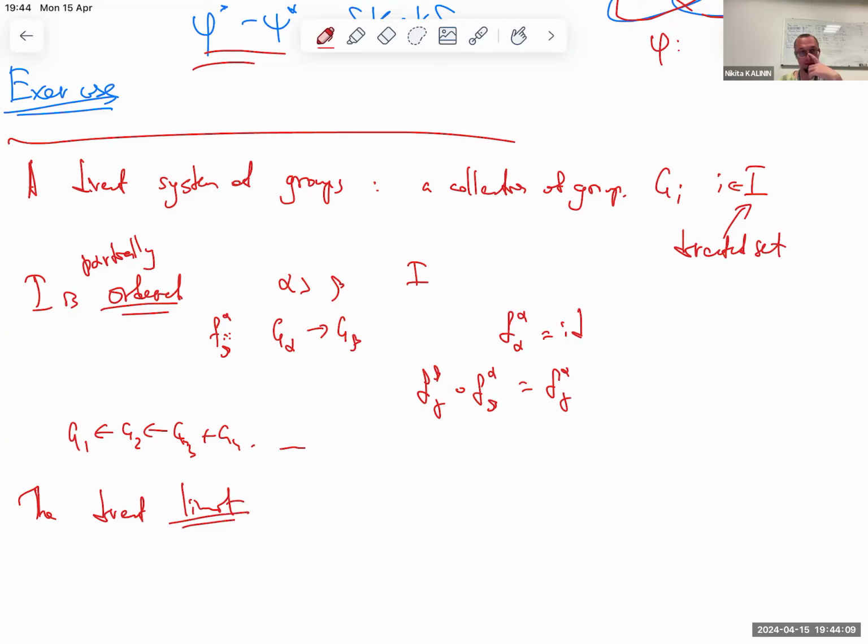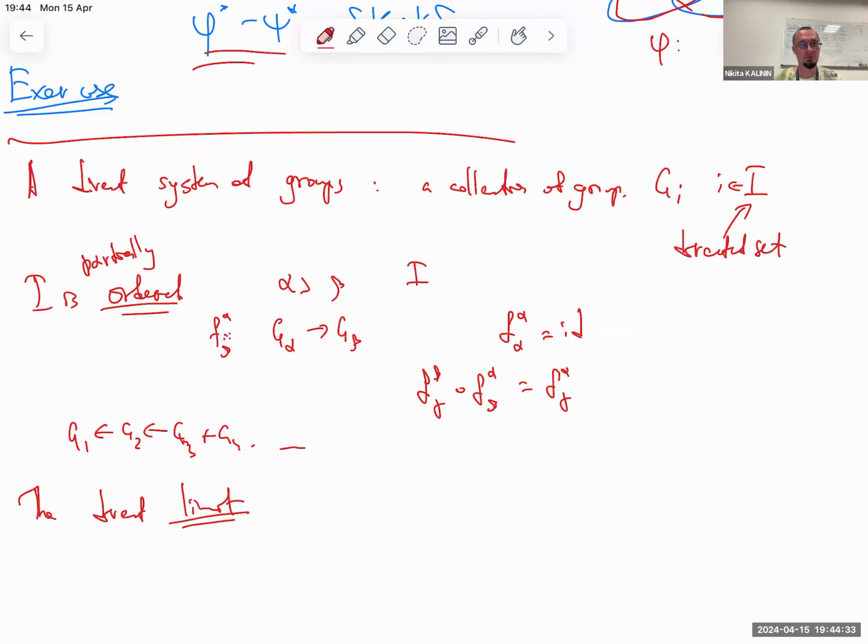I'm sorry, I suppose if we're talking about the direct system, the direct limit, but not about inverse system, inverse limit, or projective limit, the arrows are from the lesser number to the bigger number, just like it's direct. I don't know. You see, so it's always confusion.